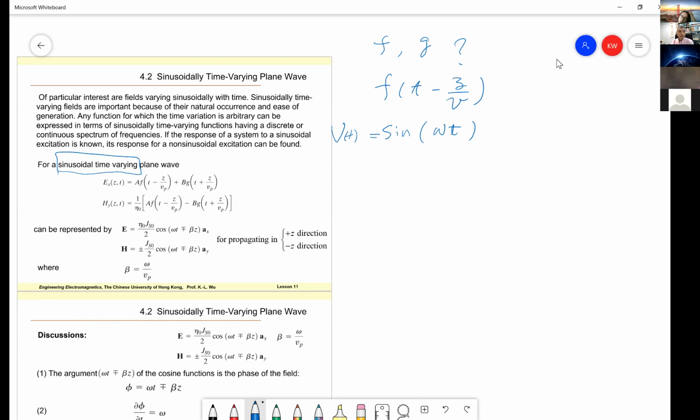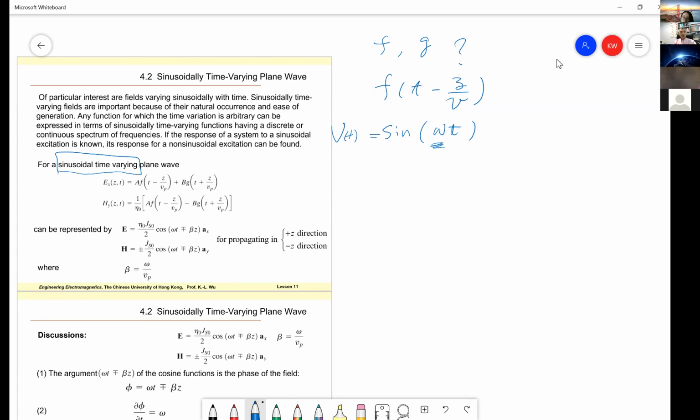Any signal in time we can decompose into an infinite number of sinusoidal waves. So if we know the solution of the sinusoidal wave for one particular frequency omega, then we can find the solution for other omega, and then we can compose any kind of response in time.